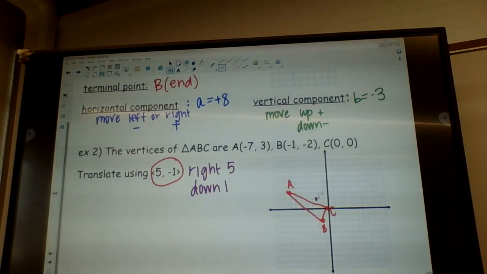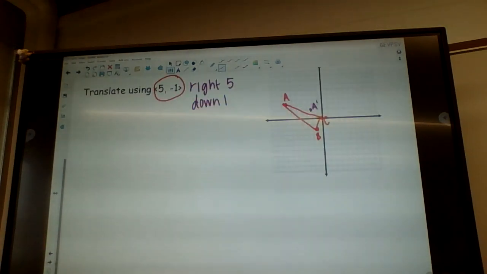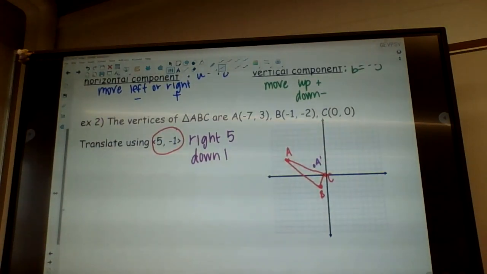And I like using the graph more than the coordinate points. To me, it just makes a little more sense. So there's our new triangle.